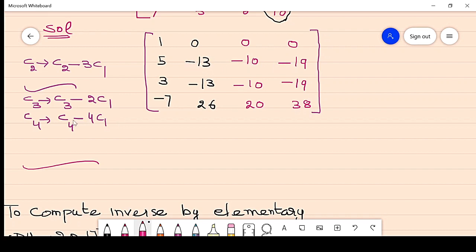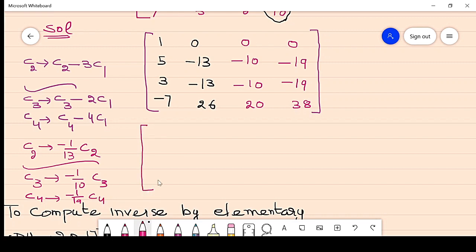To make it 1, I operate C2 as -1/13 times C2, C3 as -1/10 times C3, and C4 as -1/19 times C4.